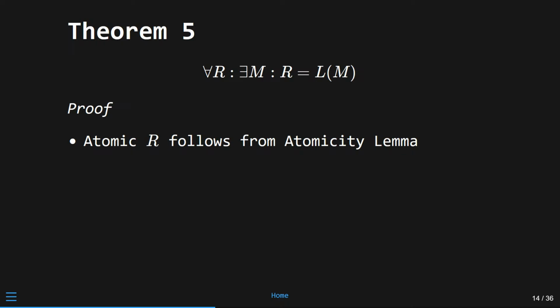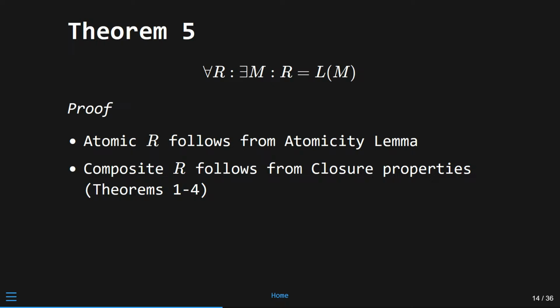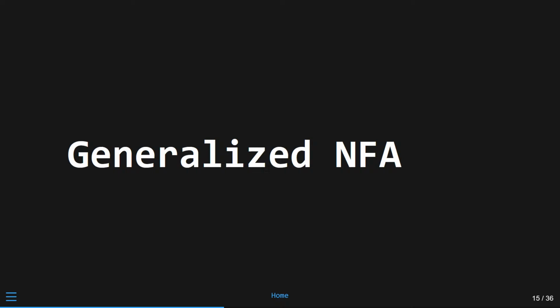By atomicity, we have the atomicity lemmas. So if this thing is of length 1 or 0, or contains no strings, we've already proven it. And if it's composite, well, then it's composite over the things we already proved and closure properties. So we simply use our closure properties and we apply them. Any regular expression is made out of the same things that we have closure for on our DFAs. So therefore we're all good.